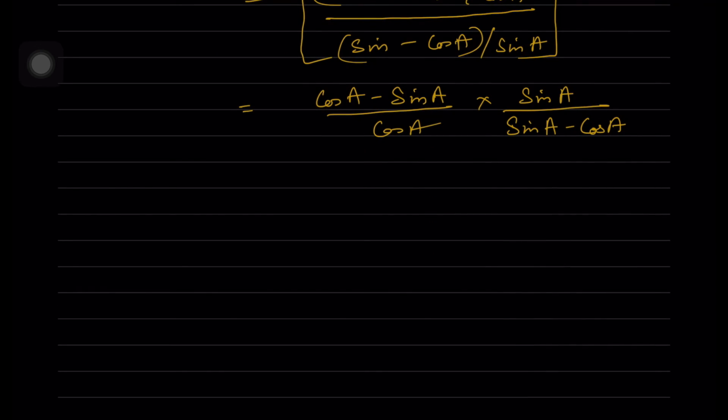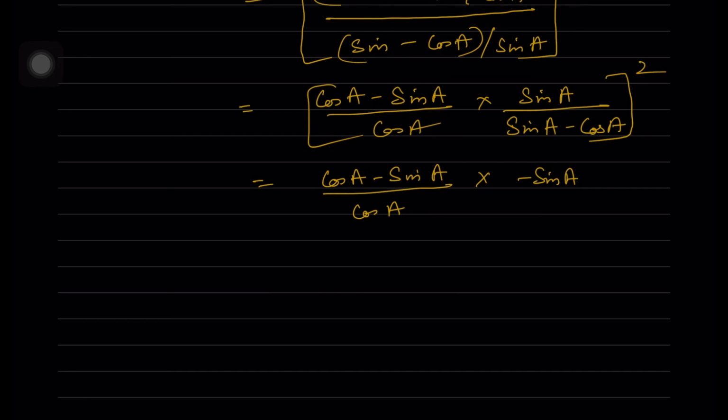So now these two you can write this as (cos A minus sin A) by cos A into (minus sin A) by (cos A minus sin A), everything in whole square. I have taken out the minus common, so I have multiplied in the numerator and denominator by minus sign.